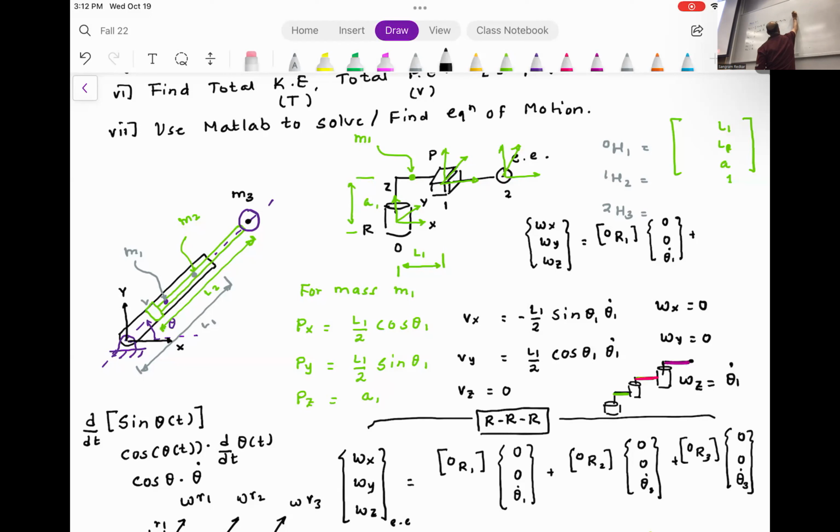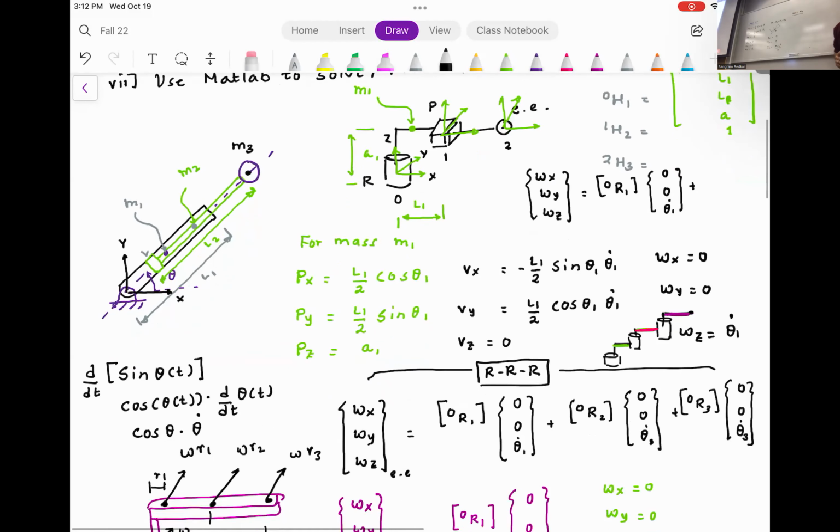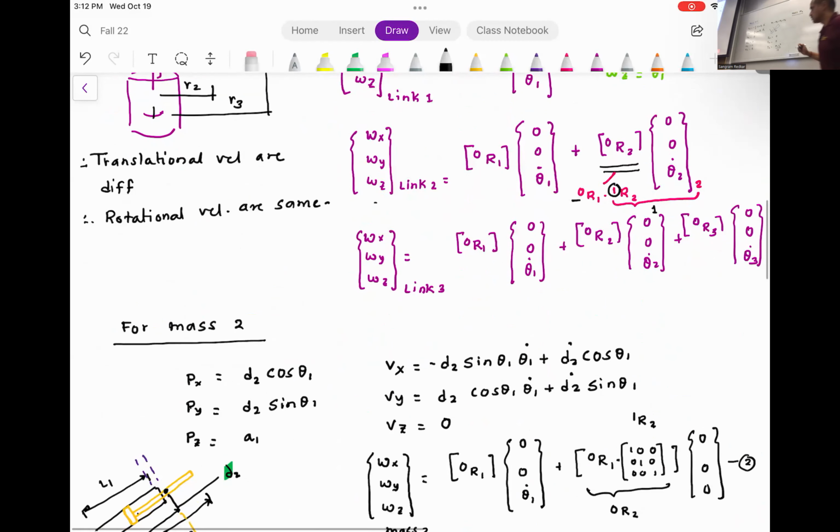Next thing is mass M2. For mass M2, we have Vx2 is equal to minus d2 sine theta 1 dot plus d2 dot cosine theta 1, Vy2 is equal to d2 cosine theta 1 dot plus d2 dot sine theta 1, Vz2 is equal to 0.